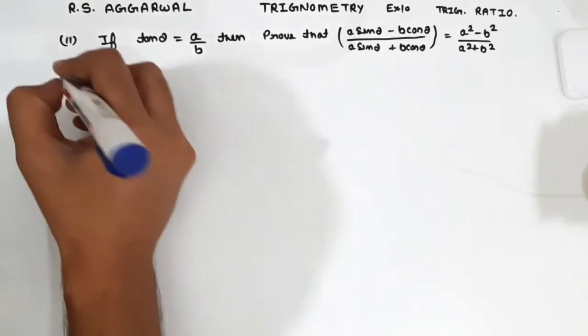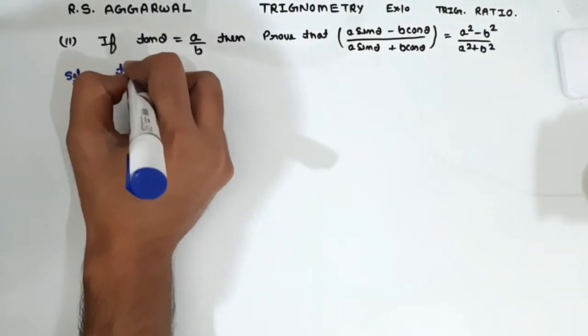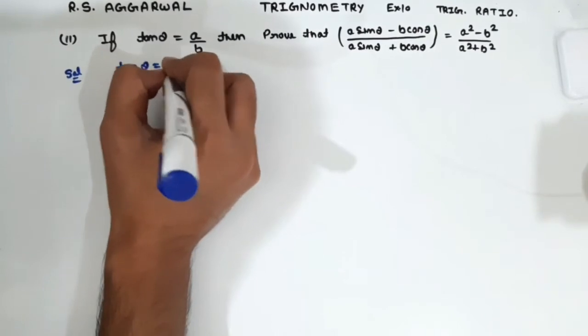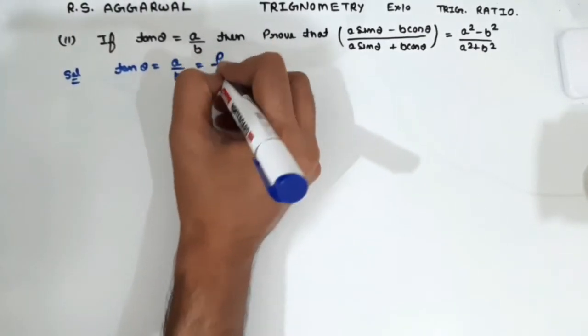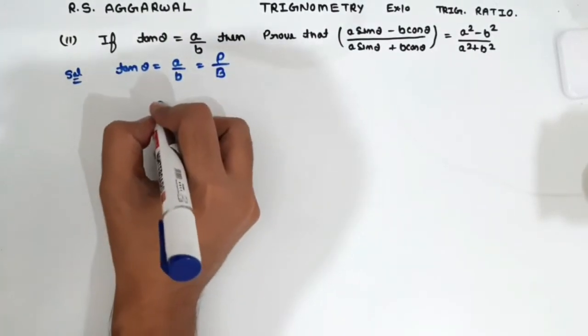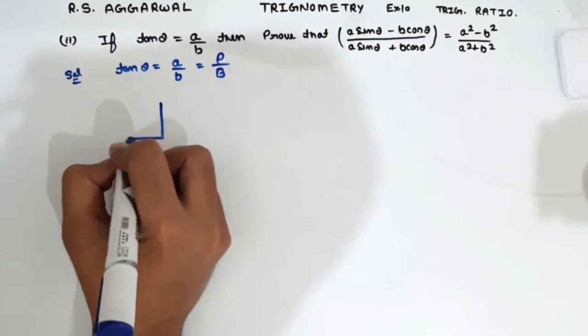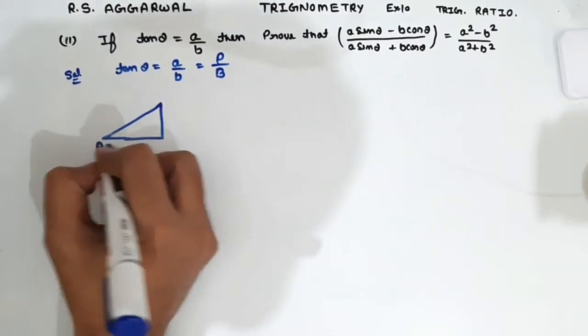So in this problem, we have given tan theta is equals to A upon B, and we know that tan will be given as perpendicular upon base. So draw a right angle triangle ABC. This is a right angle triangle ABC.